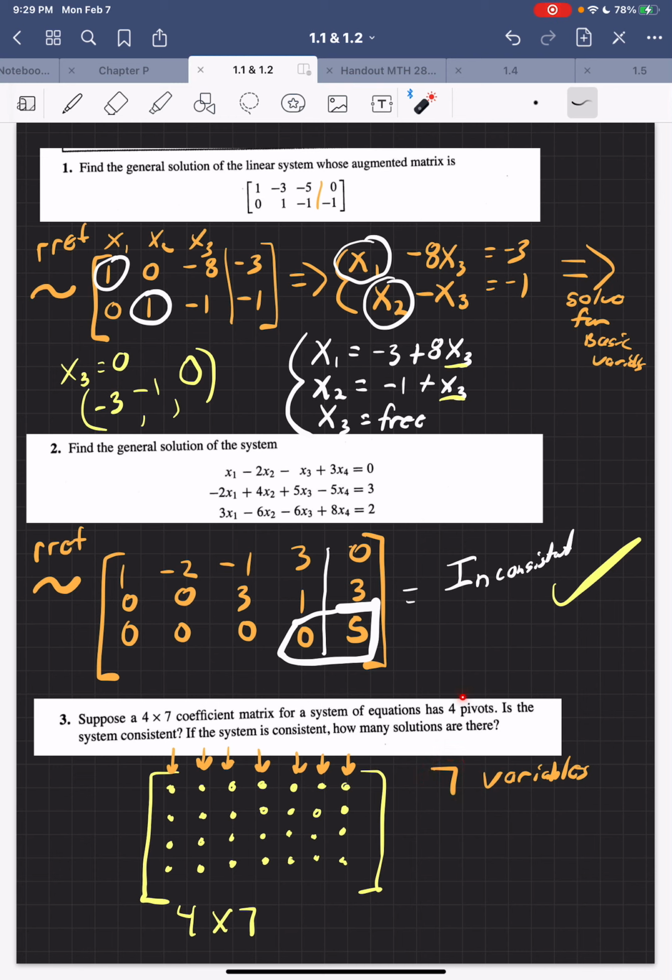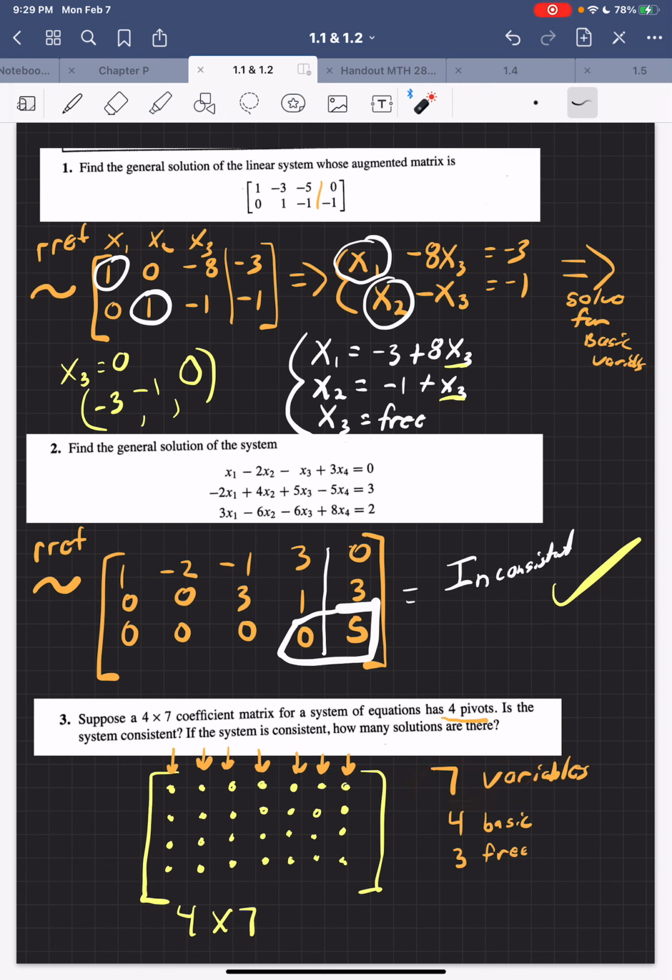Now, if it has 4 pivots, that would translate into 4 basic variables. If 4 of the 7 are basic, then 7 minus 4 is 3, so 3 of them are free. So I have 4 basic, 3 free variables. Adds up to 7.